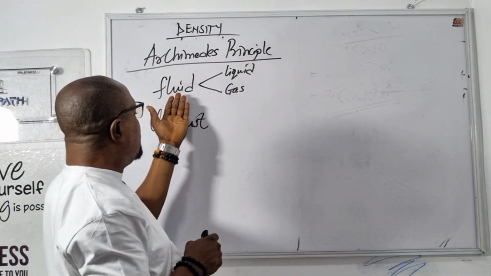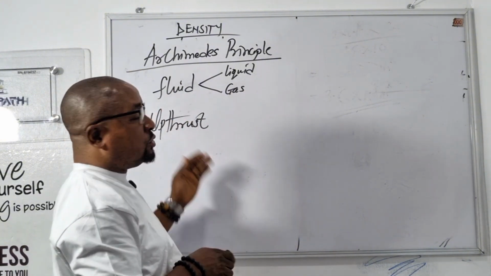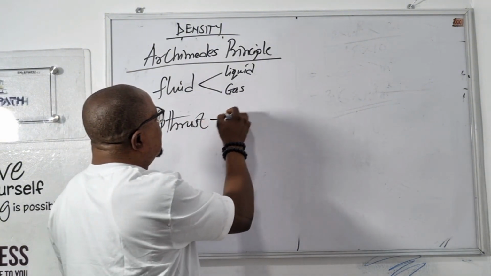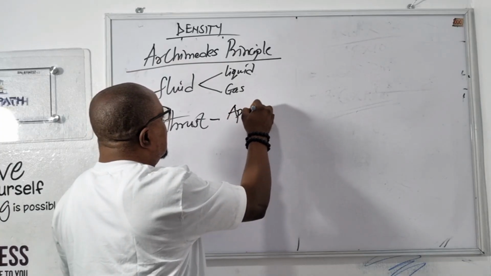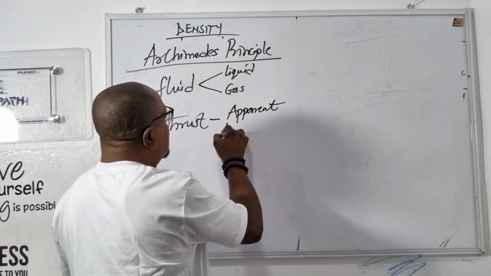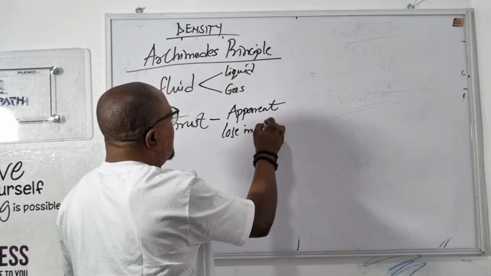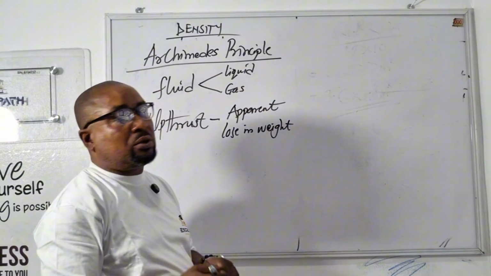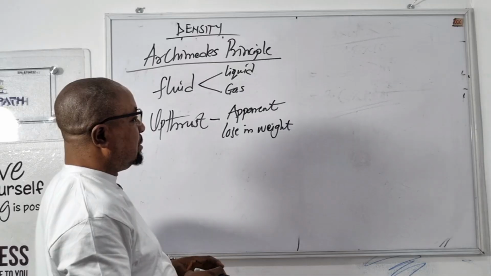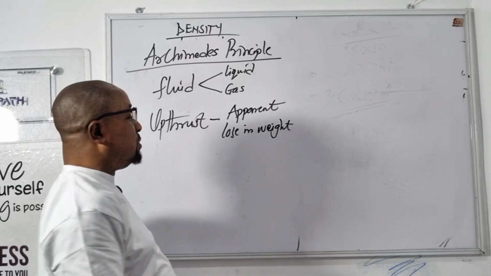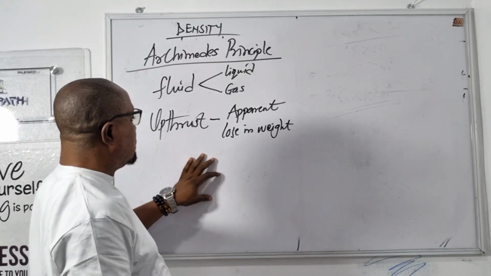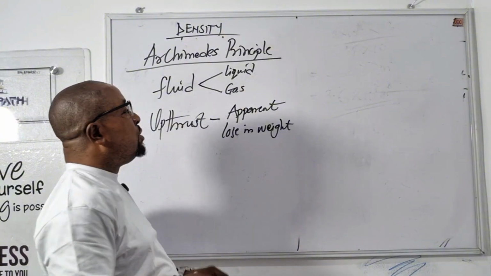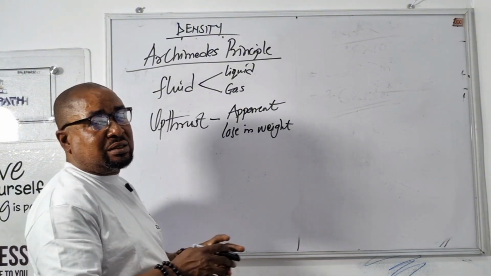We have the first one, fluid. The second one is upthrust. So upthrust is also known as apparent loss in weight. So if a body is partially or totally immersed in a fluid, it experiences an upthrust which is equal to the weight of liquid displaced.